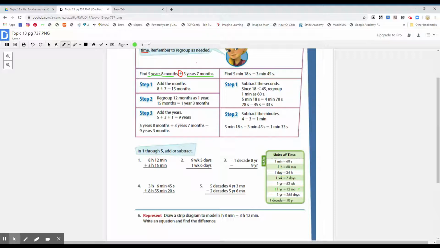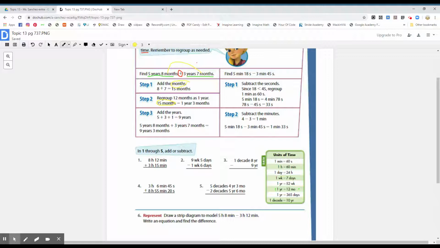So they added the months first, boys and girls. Just like we did in the previous pages, they want you to keep them separate. So 8 plus 7 is 15 months. But step 2, you can regroup those 15 months. Just like we regrouped those minutes, every time you got 60 minutes, you would convert it, regroup it, and change it to 1 hour.